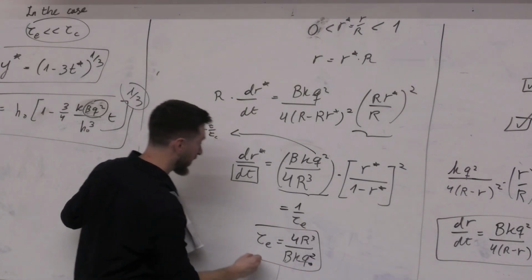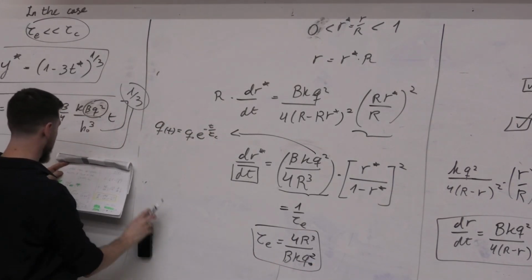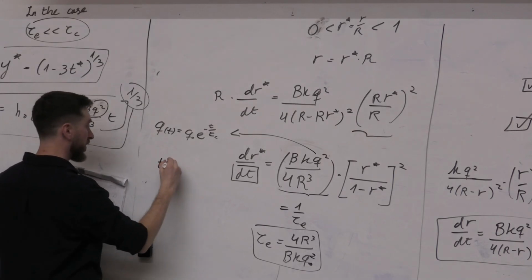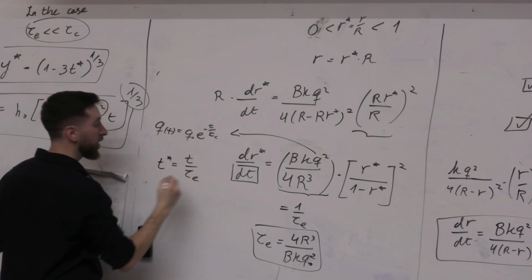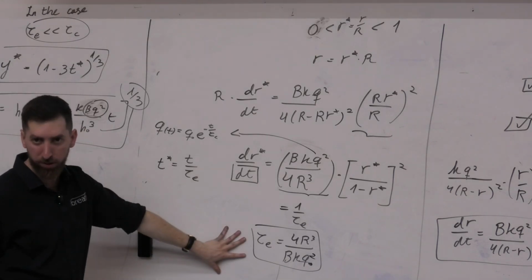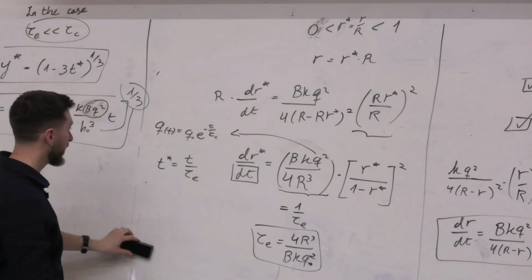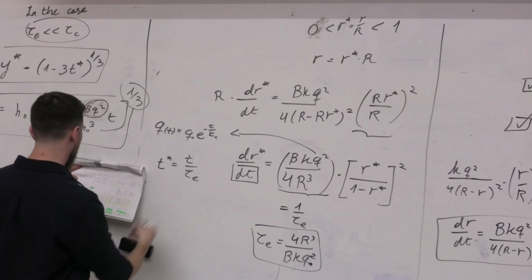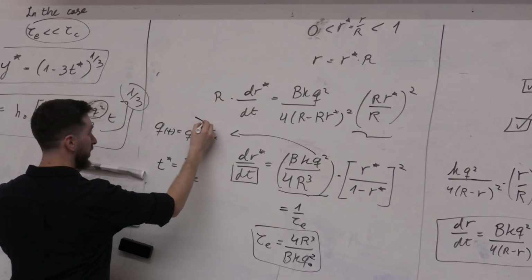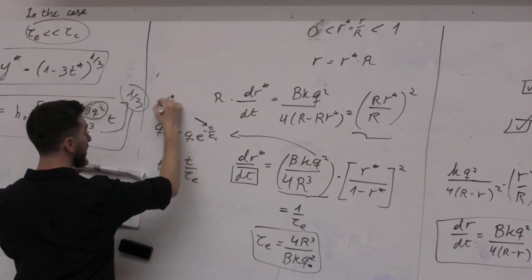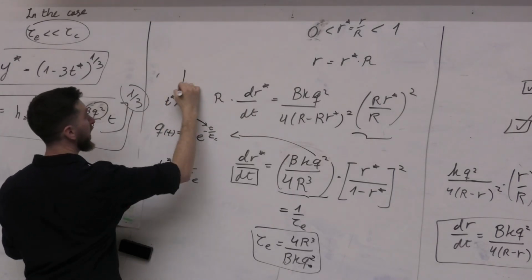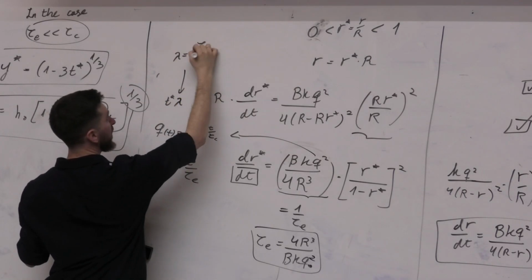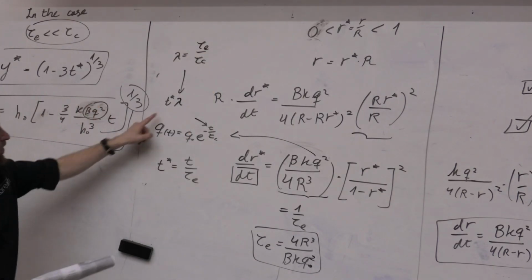So of course we have that, and we can define a time that compares itself to this characteristic time, the electrostatic deposition time, right? So if you plug it in, t star, tau, we're going to get lambda. Again, lambda is tau e divided by tau c, right?